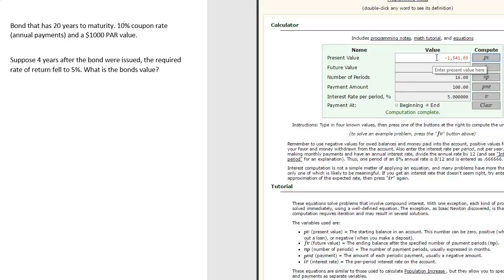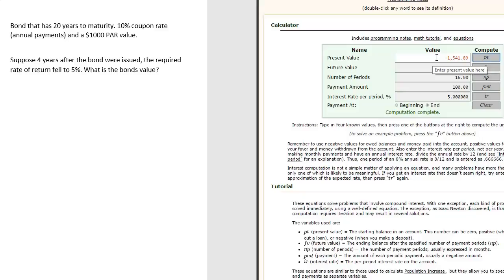So the overall net effect for you as the owner of the bond is you're still getting 5%. Even though your coupons are at 10, you had to pay a little bit more to purchase it at that point. I guess you can't pull one over on the market.